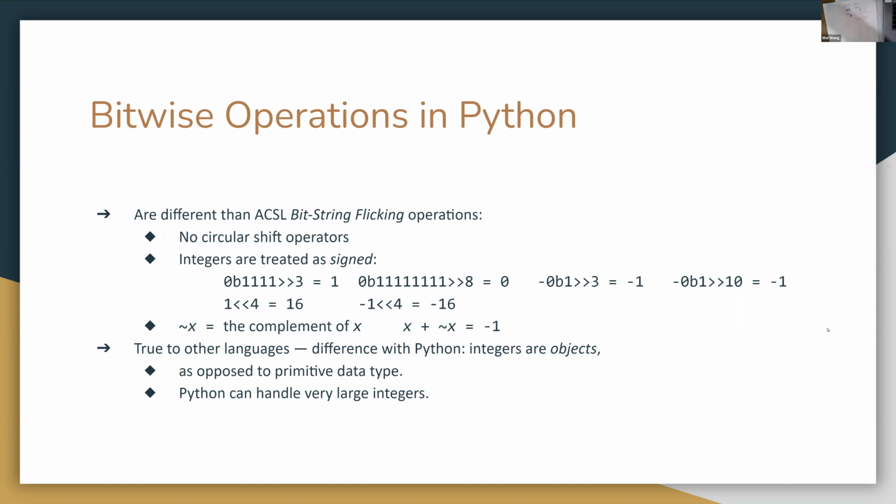If you do 0000 plus 1111, it's very easy to design the circuit so that the result will just be 1111. It turns out that that is -1.